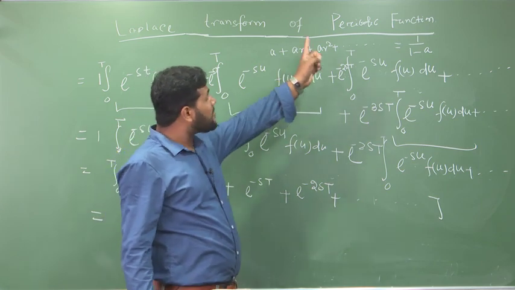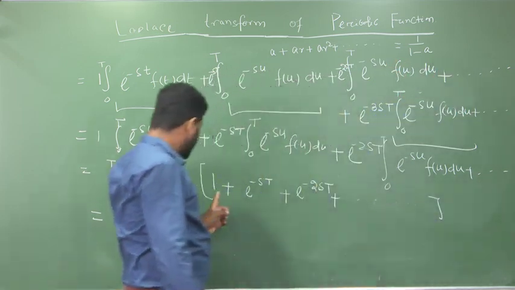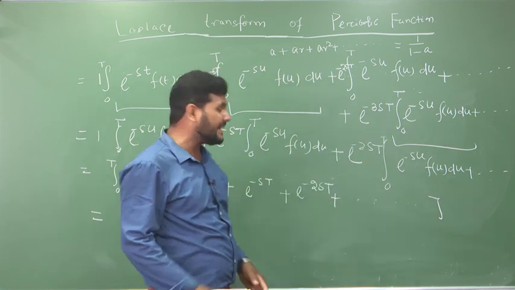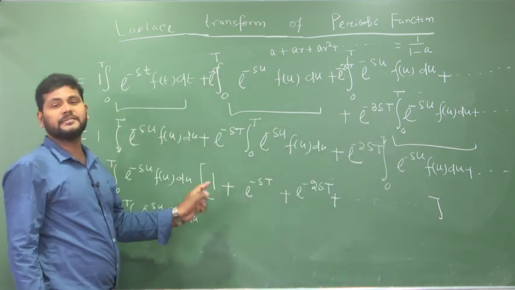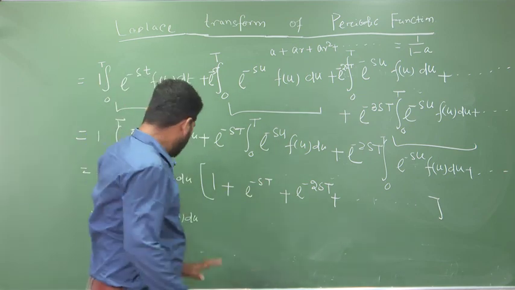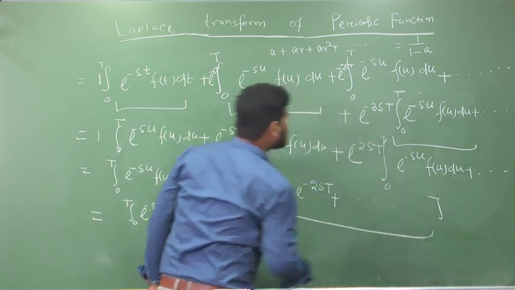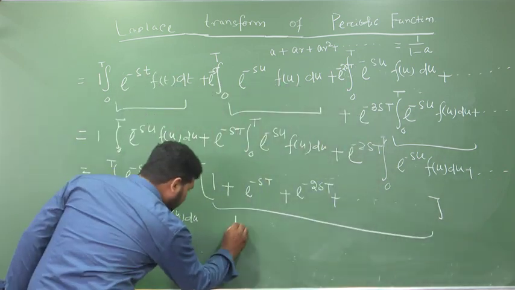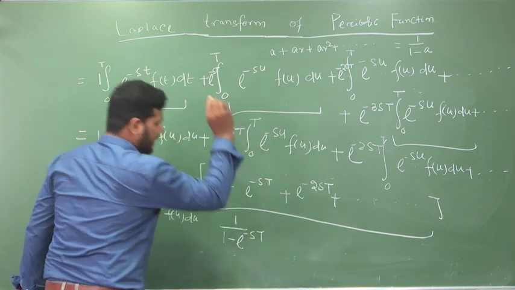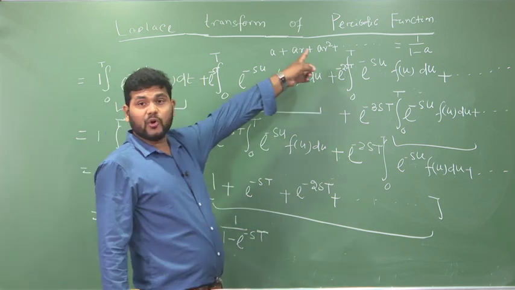Look at, in every term 1 power of r is increased, and here also 1 power of e power minus st is increased. What is small a here? 1. What is our r? E power minus st. So we will have a ready-made formula for that. Let's write 1 upon 1 minus e power minus st, comparing with our geometric progression.